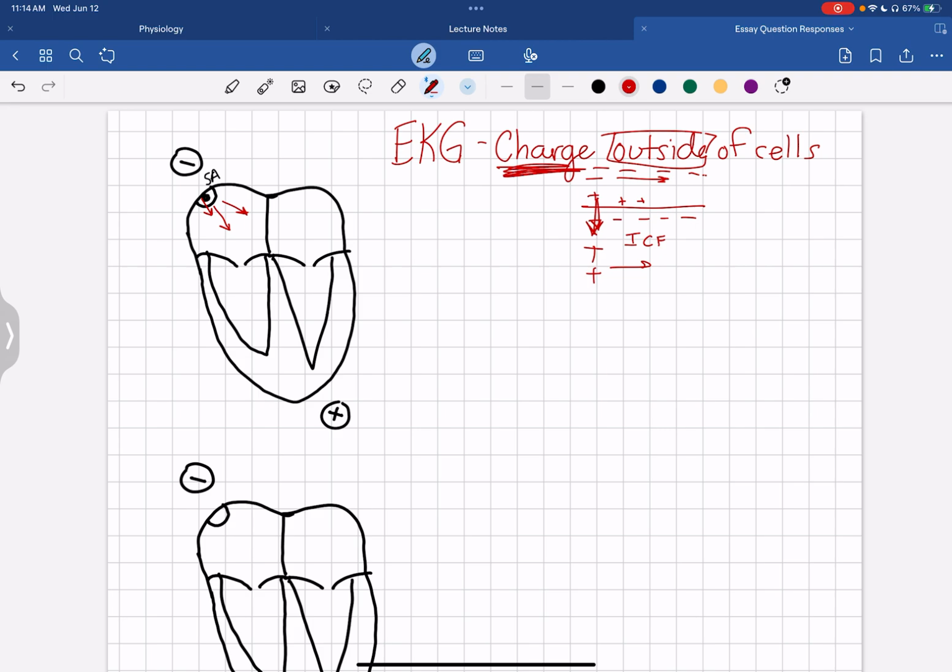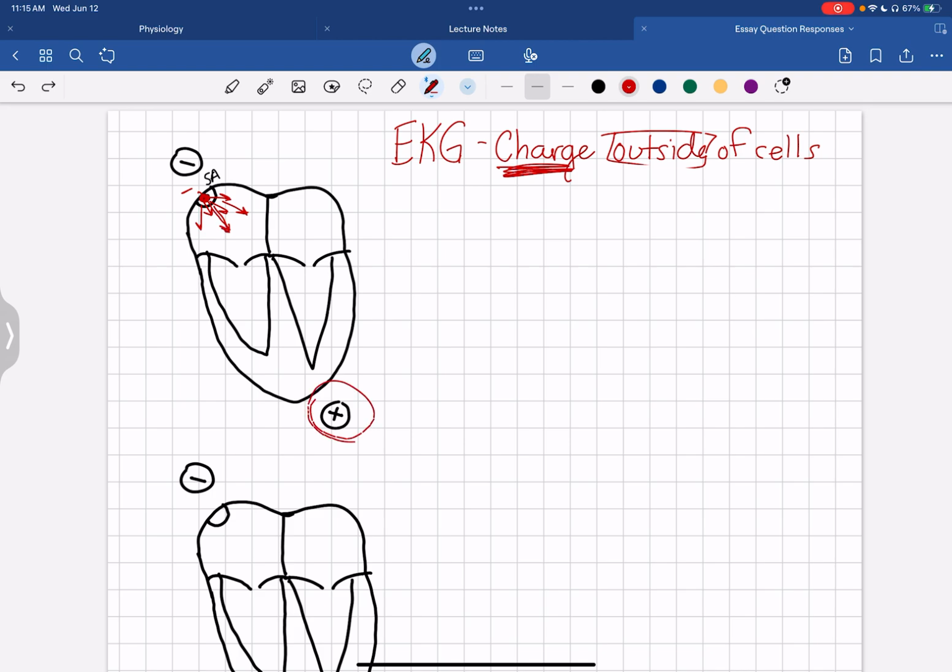spread throughout the heart. And so I'll erase this so we can get some space here. As we track this on the EKG, we have this charge starting at the SA node, and we have these negative signals spreading throughout the heart, these negative vectors spreading towards a positive sensor here.